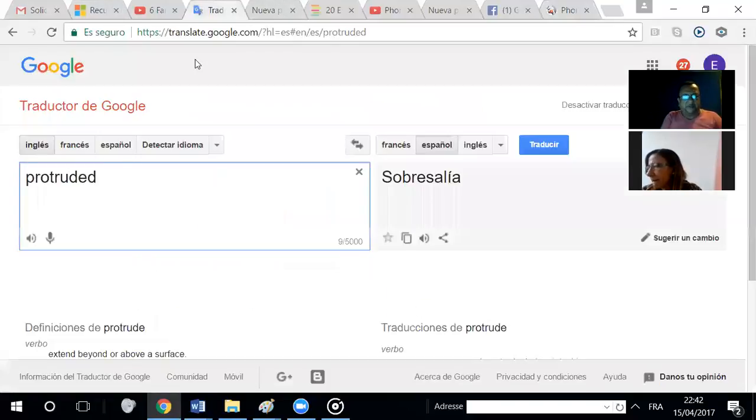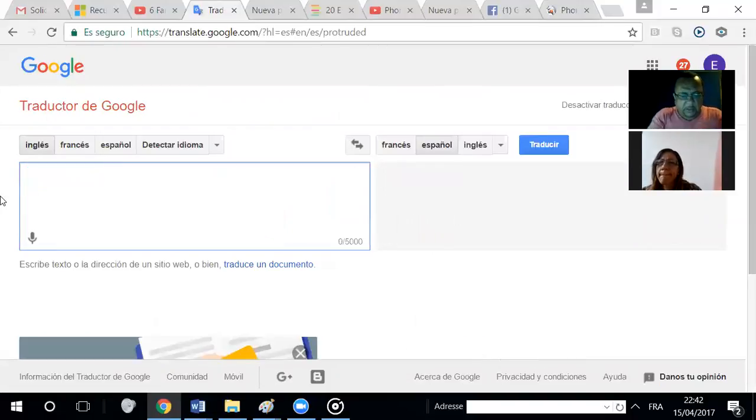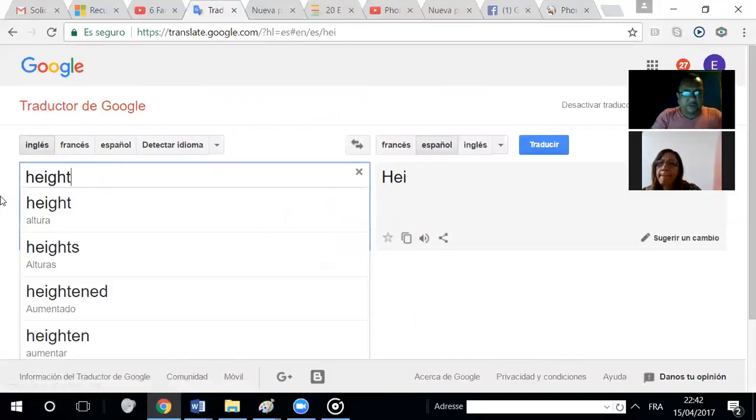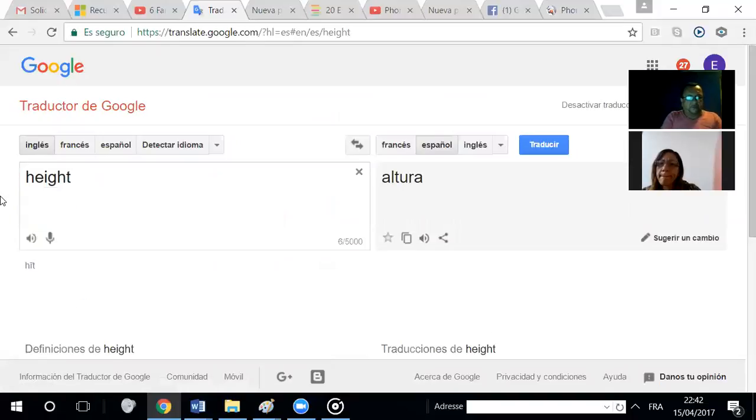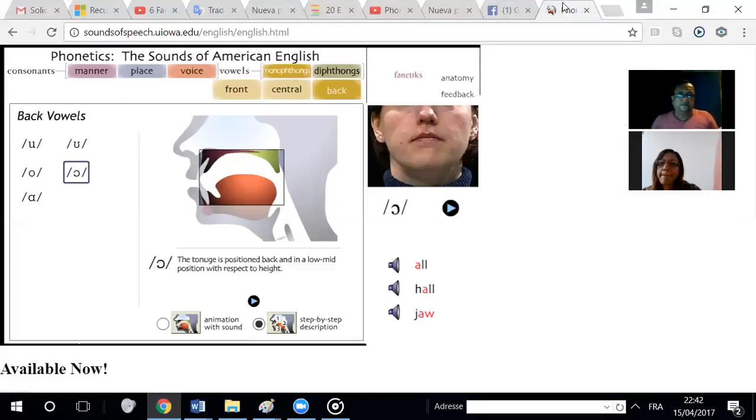I consider that it is very good that you jot down those words because at the same time you are not going to be confused again. Listen very carefully. Height. Okay. I have the same problem.